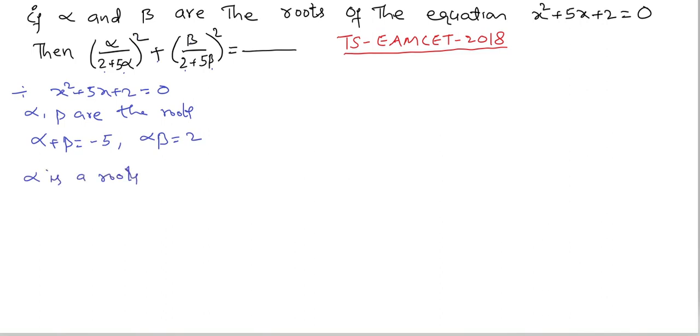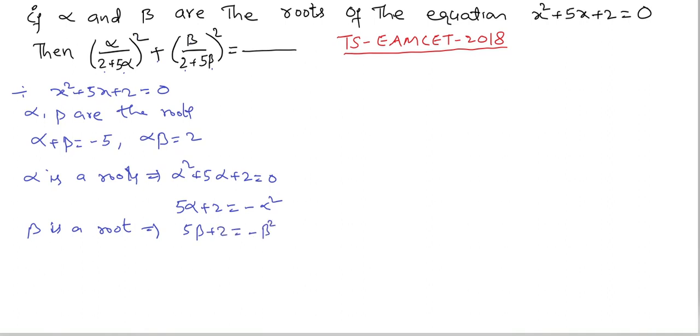Alpha is a root, that is alpha² + 5alpha + 2 = 0. From this equation, 5alpha + 2 = -alpha². Similarly, beta is a root, that means 5beta + 2 = -beta².